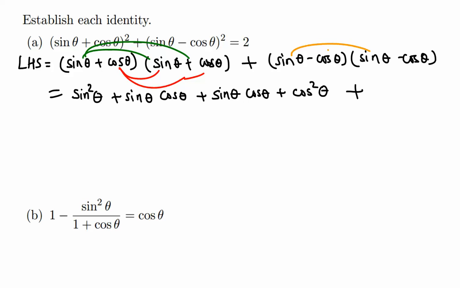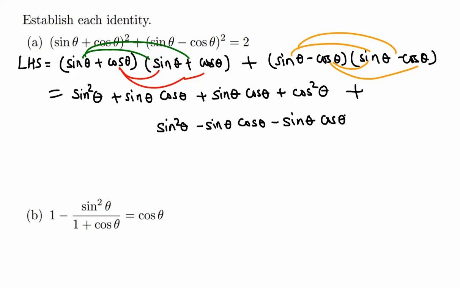We distribute, and we get sine squared theta minus sine theta cosine theta minus cosine times sine, which is sine theta cosine theta, plus cosine squared theta.